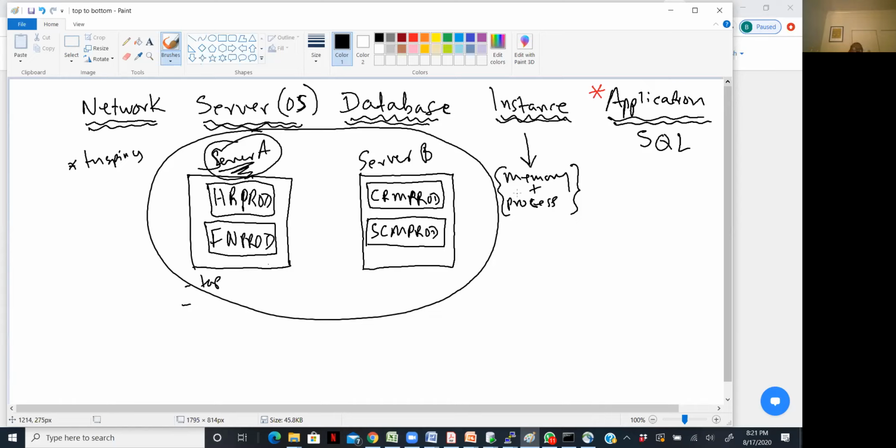What are we thinking about when we say do tuning at the application level? I'm listening. What are we tuning? SQL. SQL statement. All right. So we're tuning SQL statements.